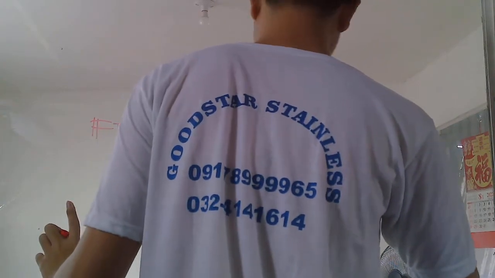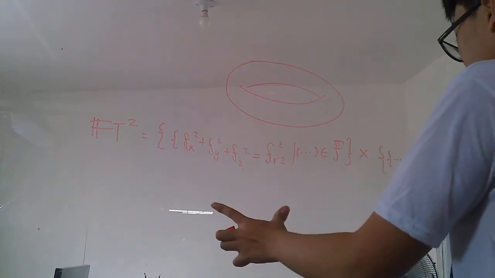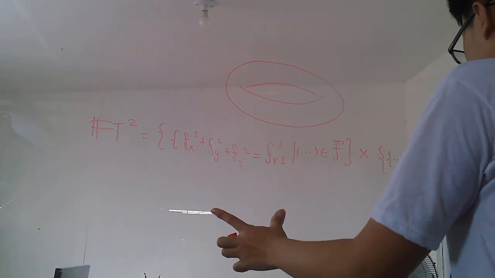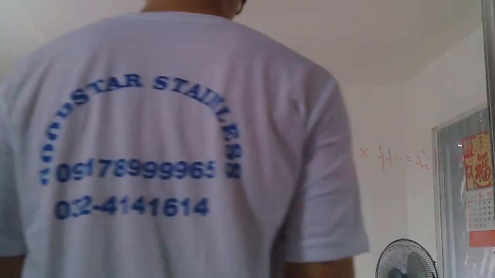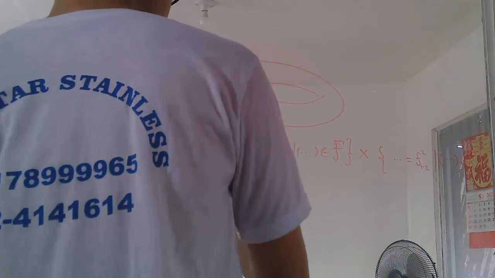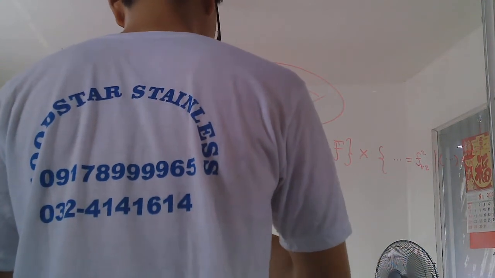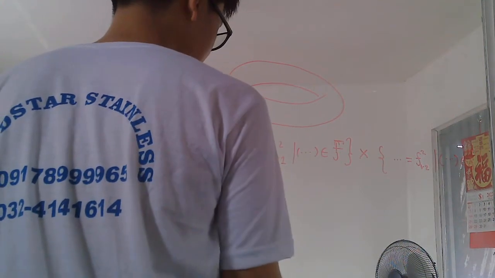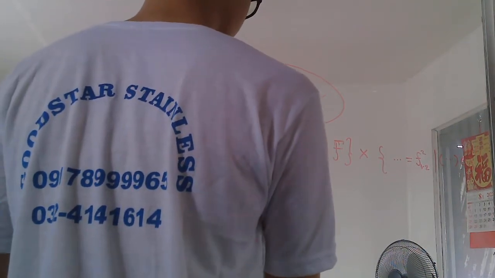I'll just repeat the same thing: equal to F squared R2, such that F R1 squared is less than FR2 squared. And then close the structure.